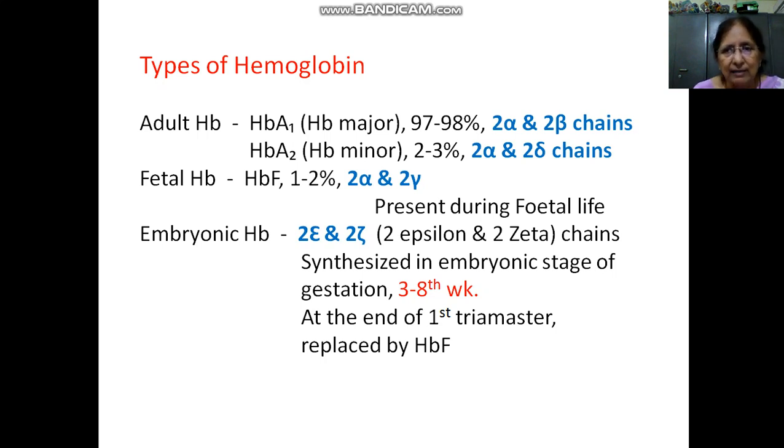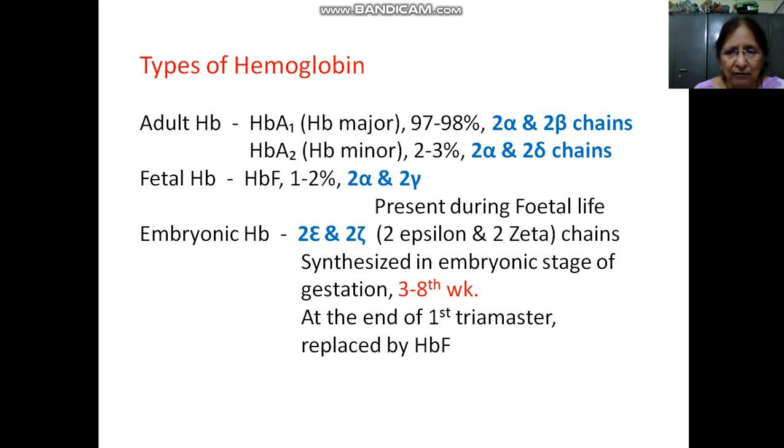HbA2, known as the minor hemoglobin, is 2 to 3 percent and has 2 alpha and 2 delta chains. Fetal hemoglobin, known as HbF, is 1 to 2% in an adult, and has 2 alpha and 2 gamma chains.